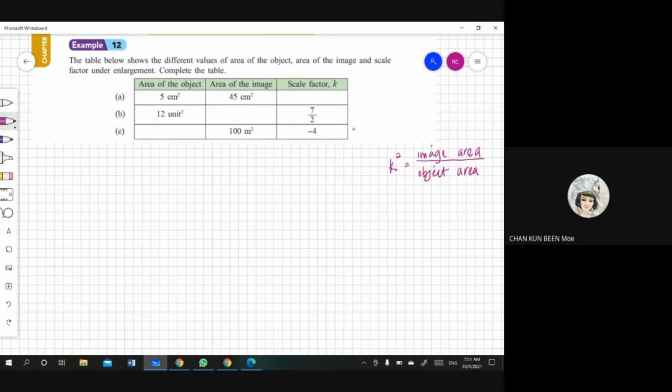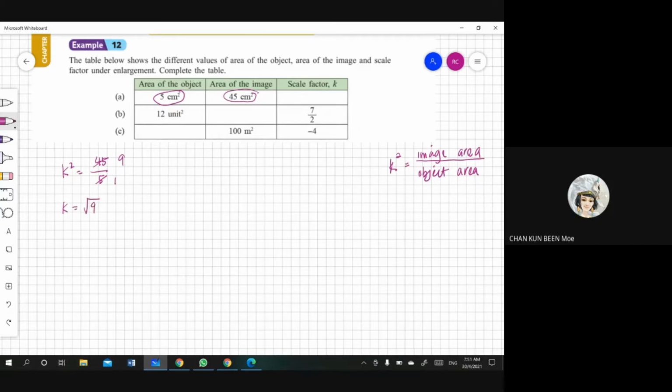So start from k squared is equal to the image area, which is 45, over 5. First of all, we are going to simplify it. 5 times 1, 5. 5 times 9, 45. Meaning that k squared equals 9. So k is equal to the square root of 9.